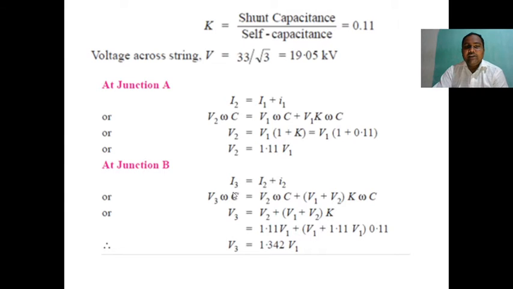At junction B, I3 is equal to I2 plus i2. Substitute all the charging currents: V3 omega C is equal to V2 omega C plus (V1 plus V2) K omega C. That is V2 plus (V1 plus V2) K. We already know V2 is equal to 1.11 V1. Substituting, we get V3 is equal to 1.342 V1.